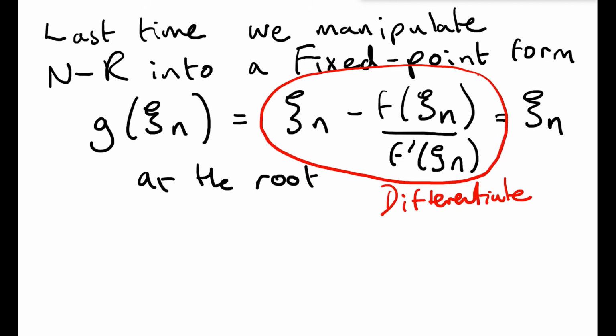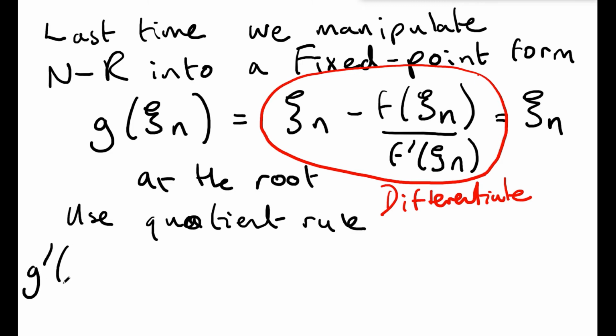So we're going to differentiate with respect to psi_n. That's easy; it's just like differentiating x with respect to x. And then we have our quotient, so we're going to use the quotient rule of calculus, and then we're going to establish what g prime is.